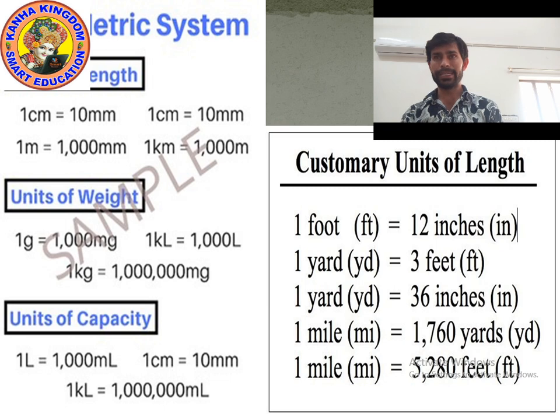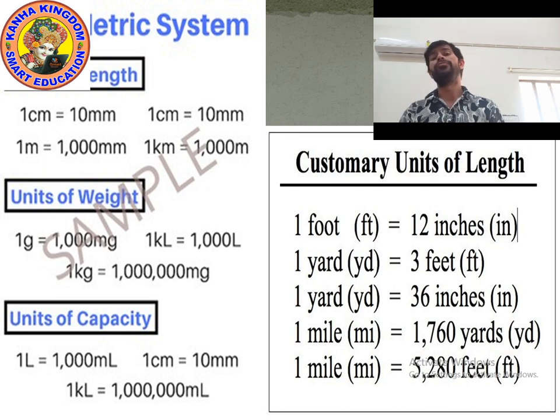In short, you can write inches IN, foot you can write FT. 1 yard is equal to 3 feet. And 1 yard is equal to 36 inches.